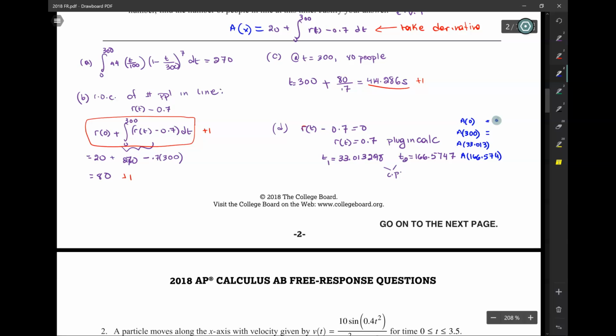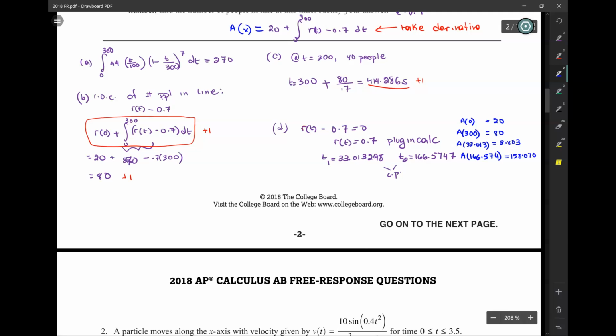A of 0 is 0. Oh, no, it's not. It's 20, remember? We knew that from way before. A of 300, we just said, was 80. This one is 3.803, and then 158.070.